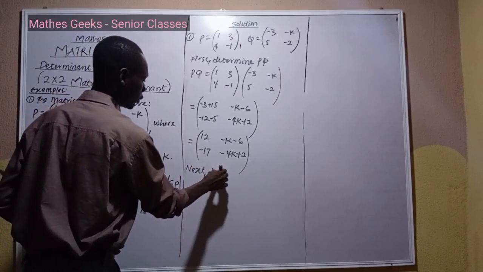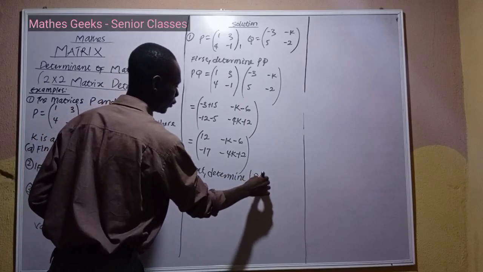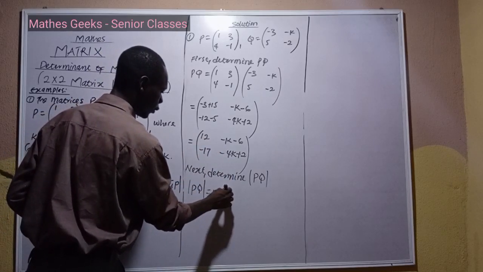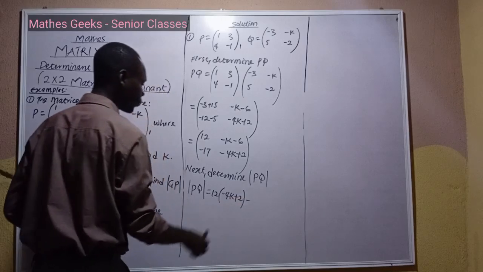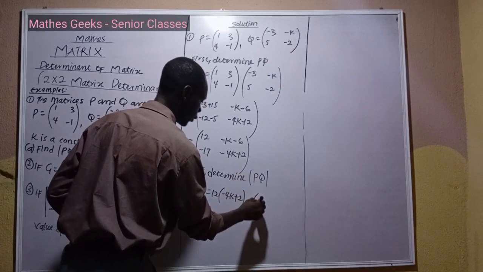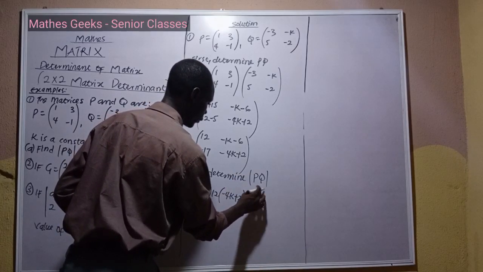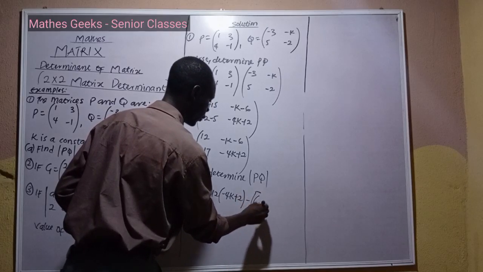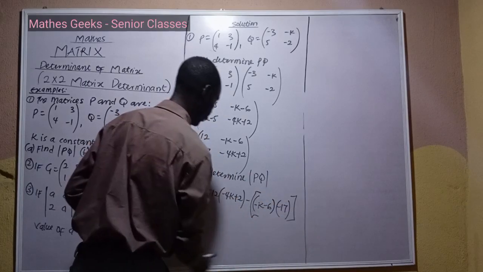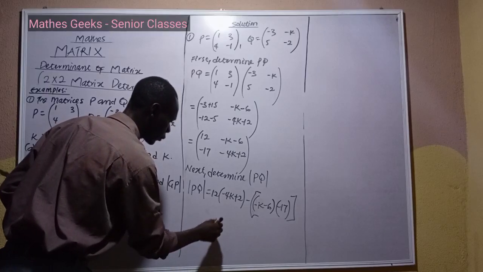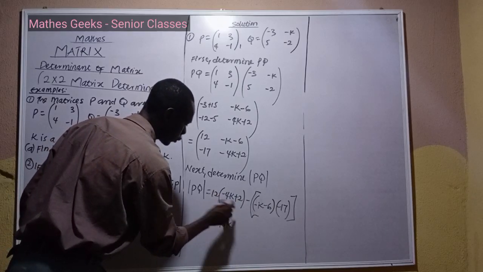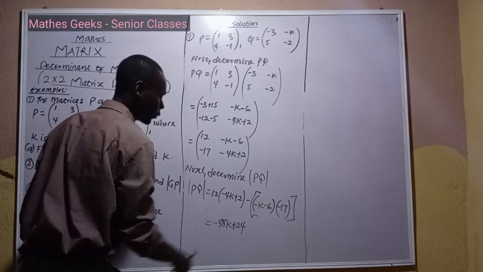Next, determine the determinant of PQ. So the determinant of PQ is equal to 12 times minus 4k plus 2 minus minus 17 times minus k minus 6. 12 times minus 4k gives us minus 48k. 12 times 2 gives us 24.